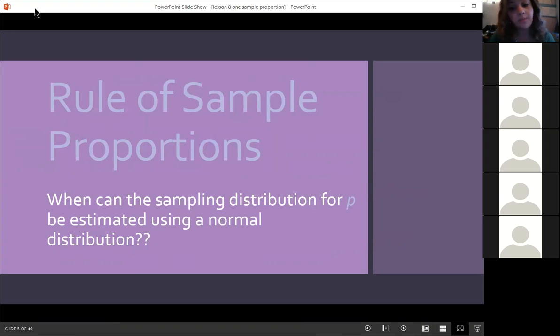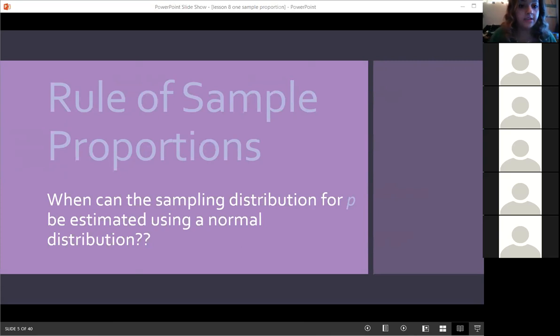So the rule of sample proportions is kind of our step 1 of the hypothesis testing procedure for one sample proportion. All it's asking is, when can we use a normal distribution to approximate the sampling distribution for p? Same concept as the central limit theorem, but this one has to do with proportions.